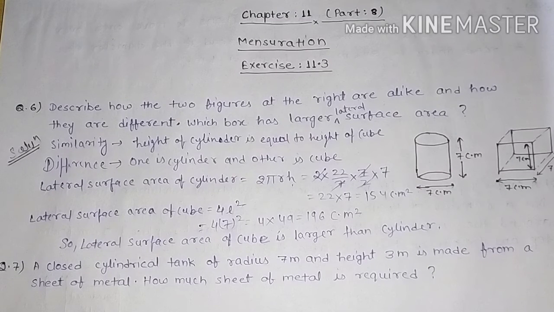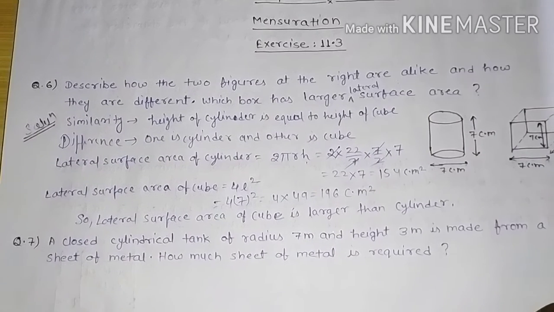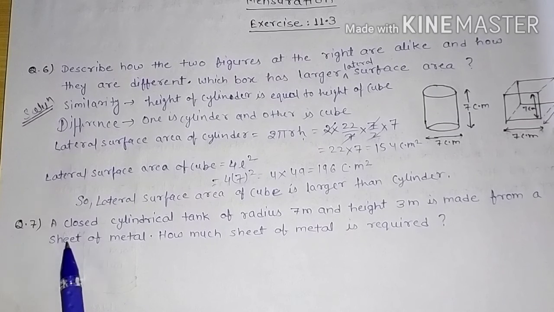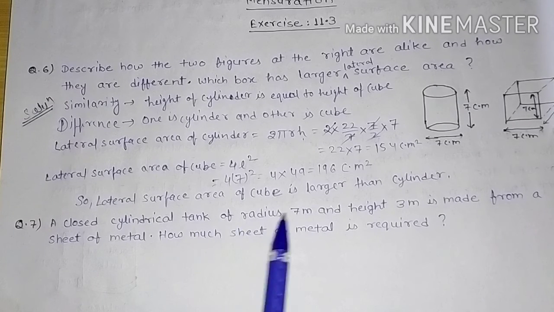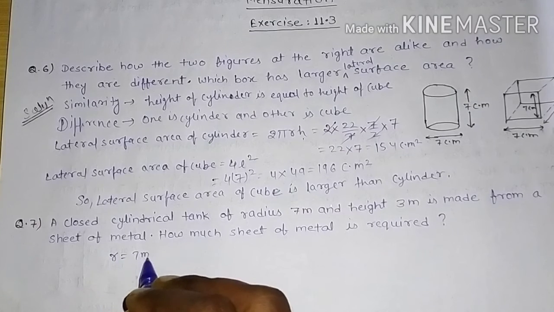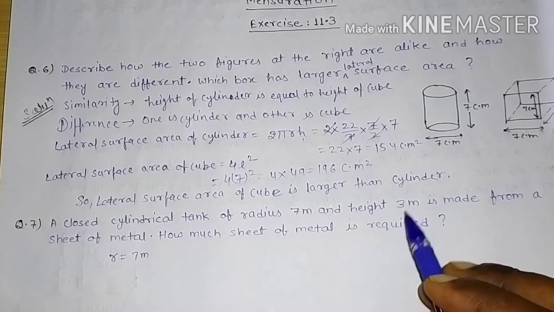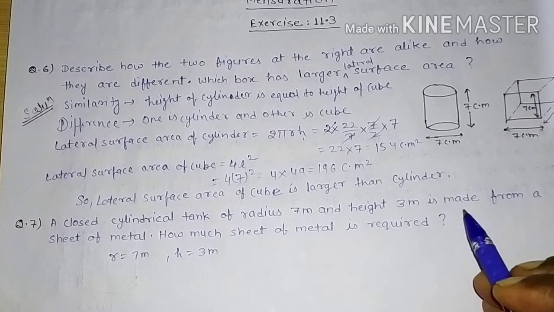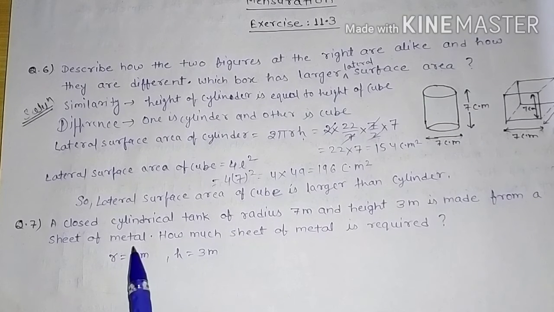Now next question, that is question number 7. A closed cylindrical tank of radius 7 meter, radius r is given 7 meter, and height is 3 meter. So h equals 3 meter. Made up from a sheet of metal.